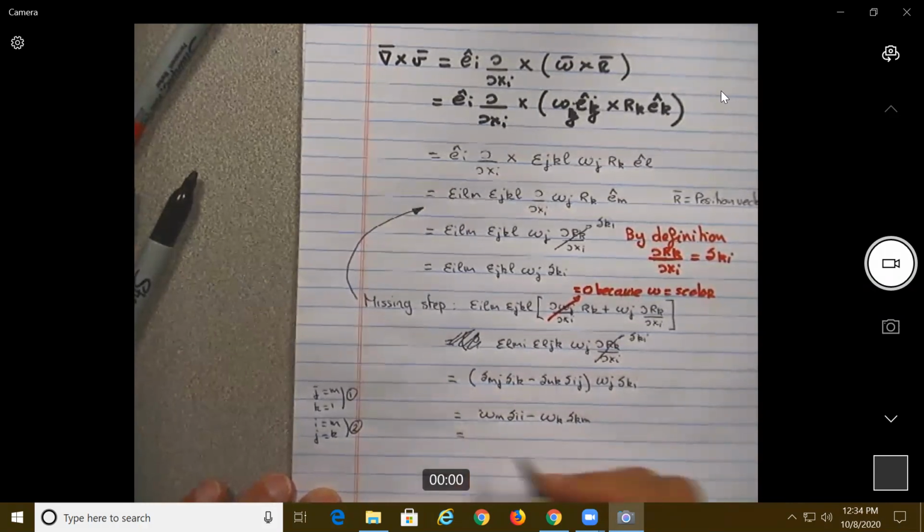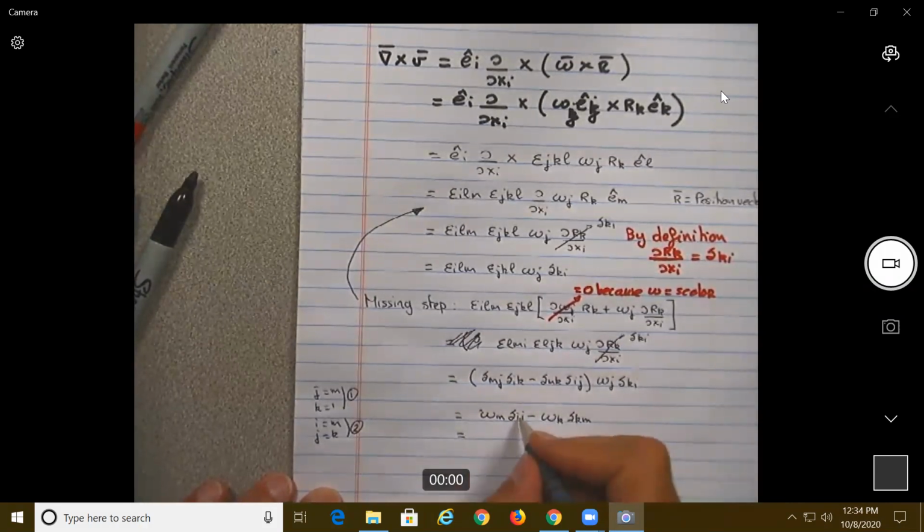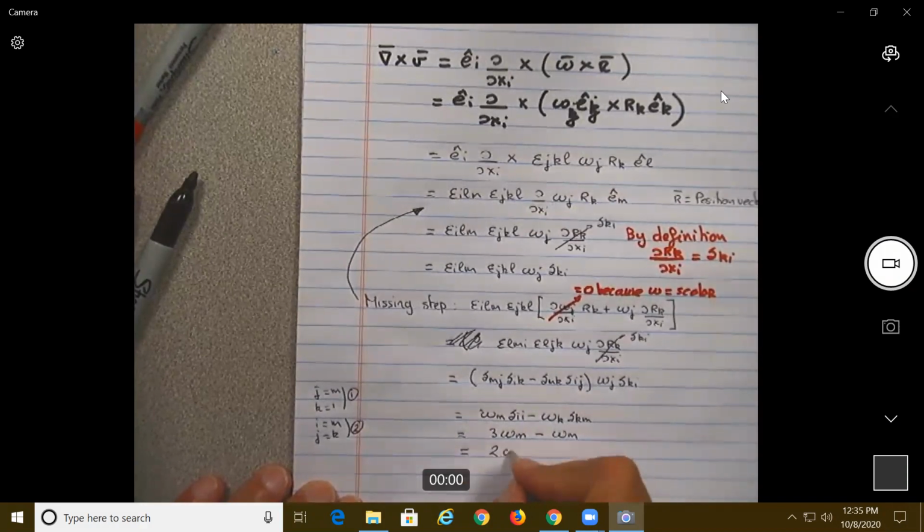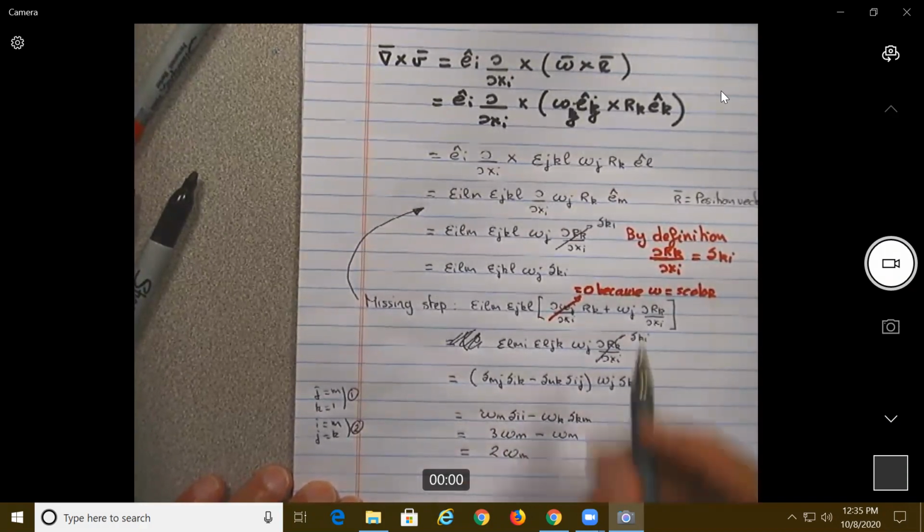So basically, the first one is delta_11 plus delta_22 plus delta_33, so it should give you 3 omega_m. And this one will only be valid when k equals m. So minus omega_m should give you 2 omega_m, or 2 times omega.